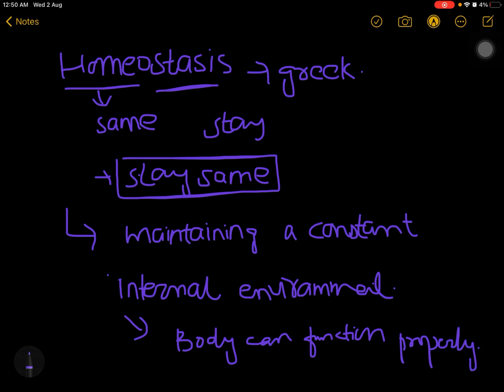So this is the process of homeostasis, means to stay same, to remain on a certain set point.